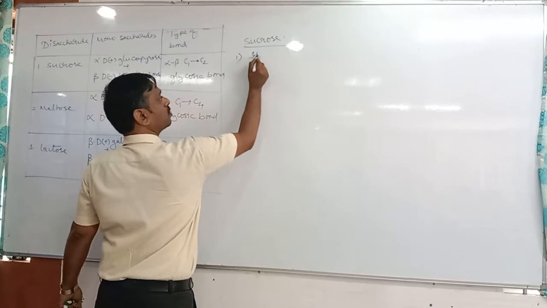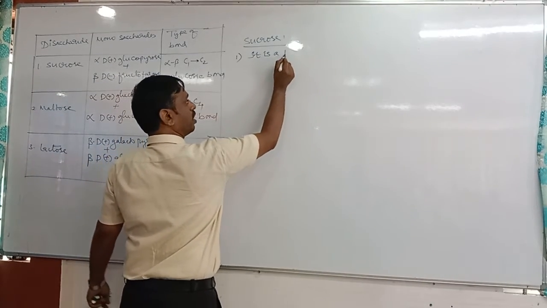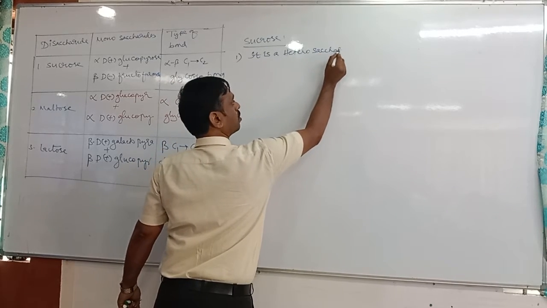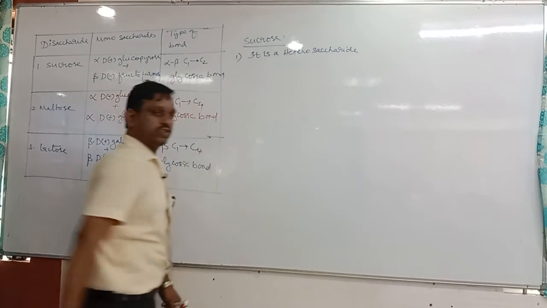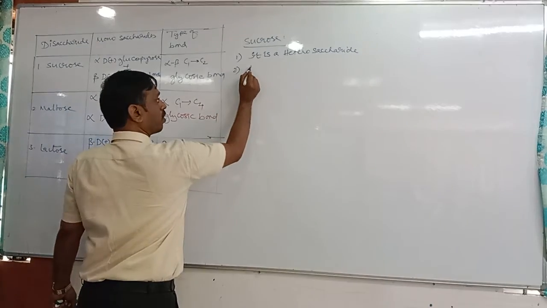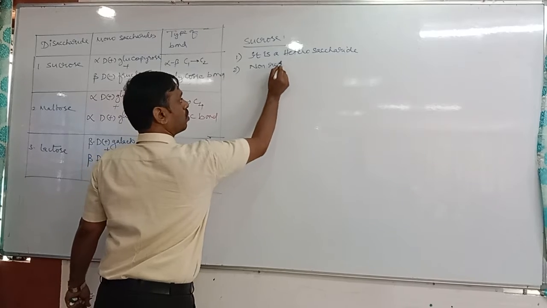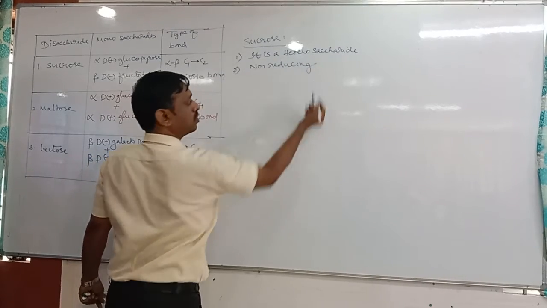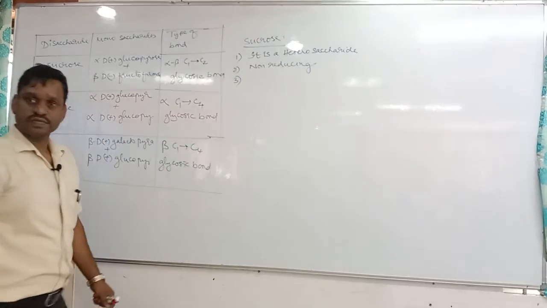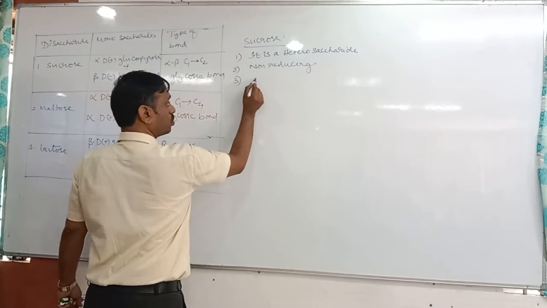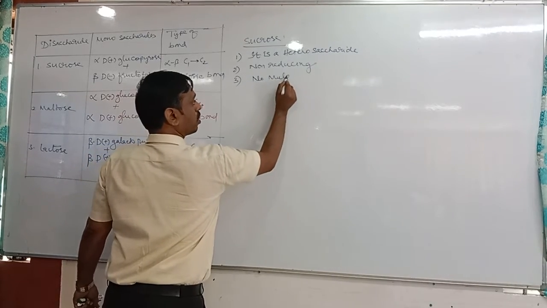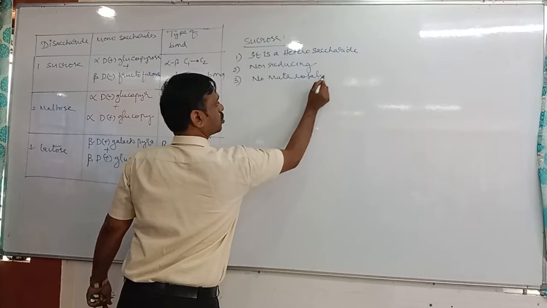It is a heterodisaccharide because it contains glucose and fructose. Two, whether it is reducing or non-reducing. It is a non-reducing sugar. Next, whether it shows mutarotation or not. It does not show mutarotation.